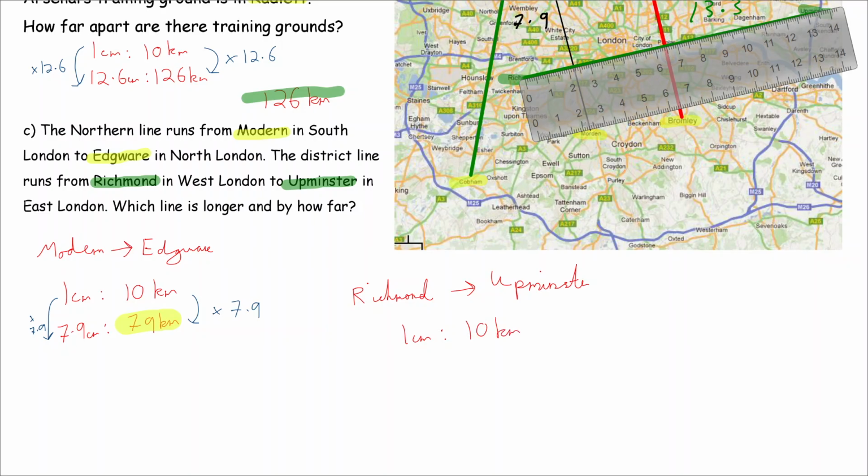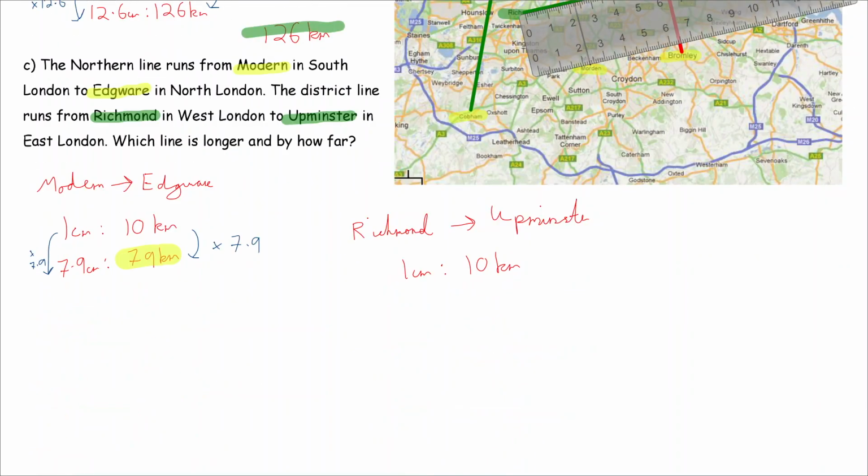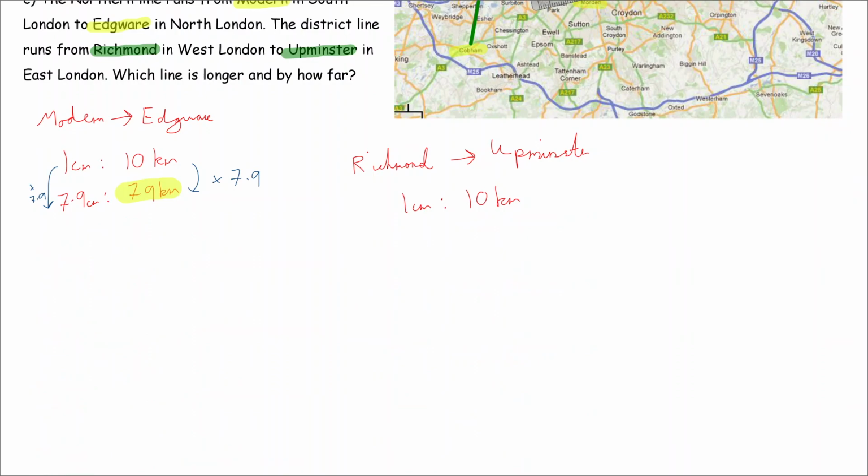And this distance we measured to be 13.3 centimetres. This one, you're upscaling. You're timesing from 1 to 13.3, so you're timesing by 13.3. Do the same thing over here. 10 times 13.3 is simply going to give you 133 kilometres. So that's the second one.